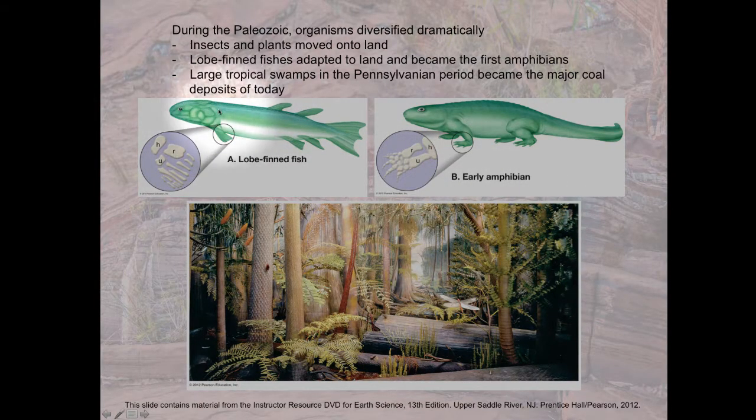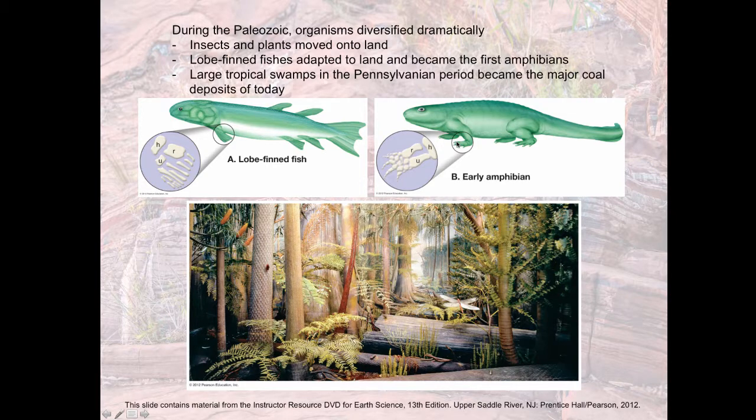This shows how a lobe-finned fish, in the lobe of the fish, or the flipper, you see a lot of the same bones that you see reorganized into the foot structure of early amphibians. So lobe-finned fishes adapted to land and became the first amphibians, and you had large tropical coal swamps in the Pennsylvanian period, which a couple decades ago was known as the Carboniferous period in Earth history.